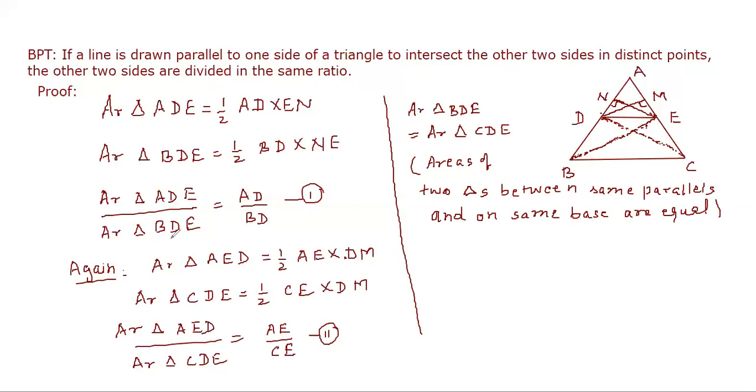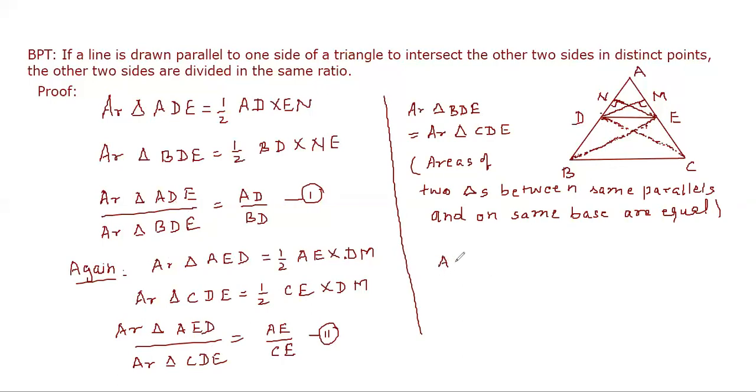So if we observe in equation 1, the denominator is area of triangle BDE, and in equation 2, area of triangle CDE. And the numerator is already equal. So we can say that equation 1 equal to equation 2.